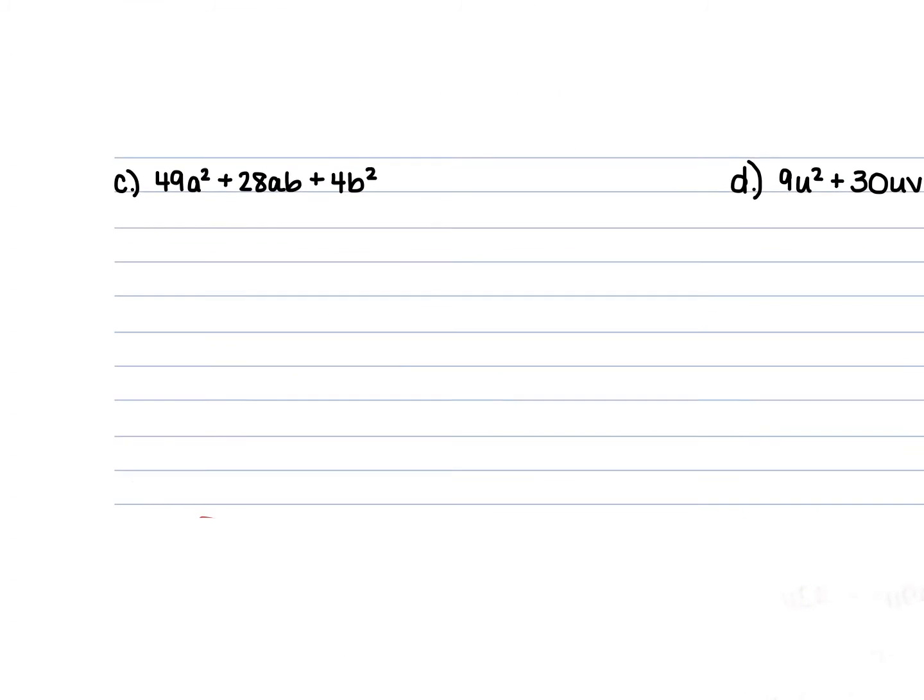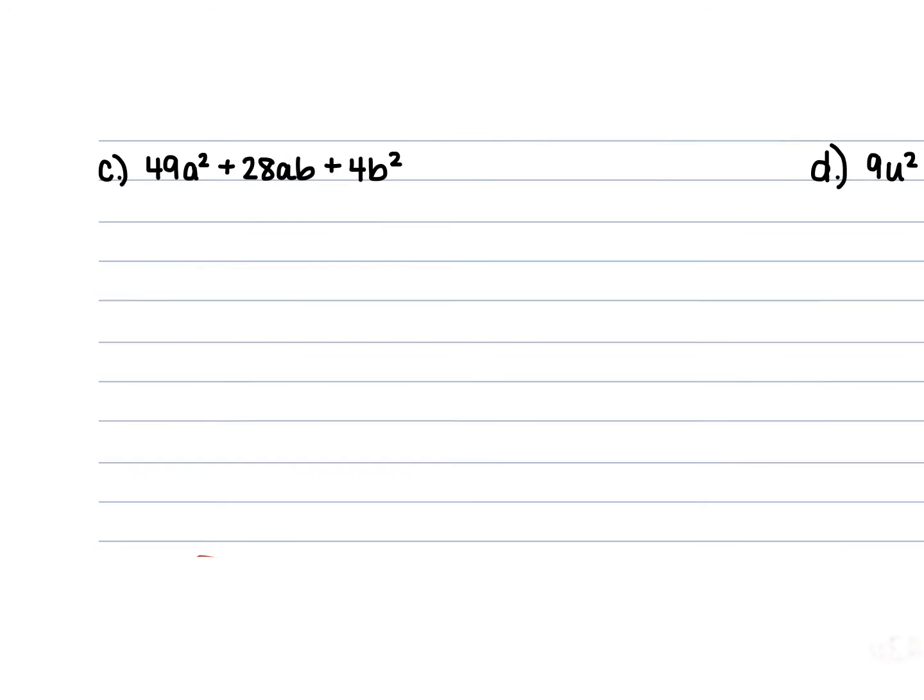For example C, from this section, we have 49a squared plus 28ab plus 4b squared. So our a is going to be, we're going to get by taking the square root of 49a squared, which gives us 7a. Our b, we take the square root of 4b squared, we get 2b.